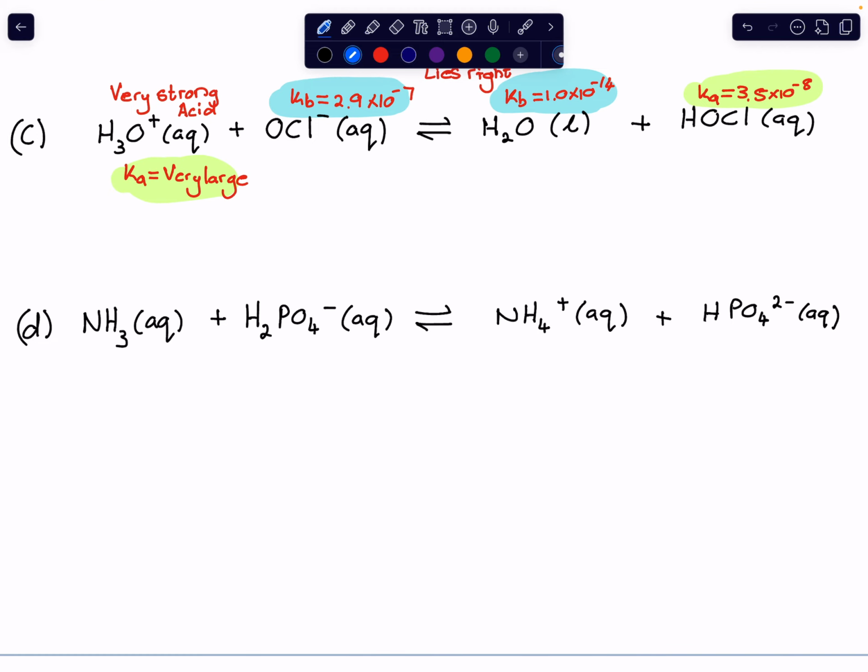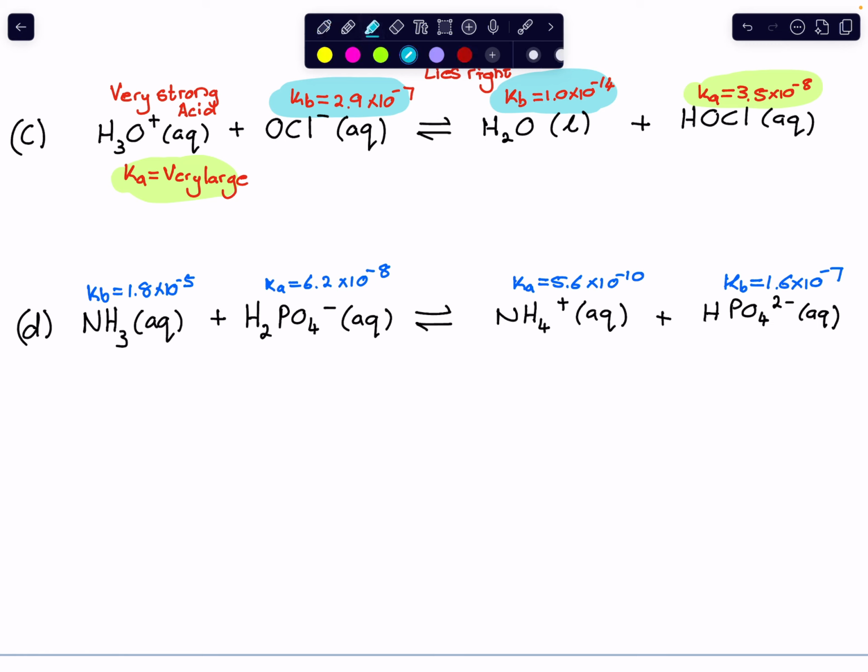The last situation that we will look at is ammonia. Ammonia has a Kb of 1.5 times 10 to the negative 5. And dihydrogen phosphate has a Ka equal to 6.2 times 10 to the negative 8. Ammonium has a Ka value of 5.6 times 10 to the negative 10. And hydrogen phosphate has a Kb value of 1.6 times 10 to the negative 7.